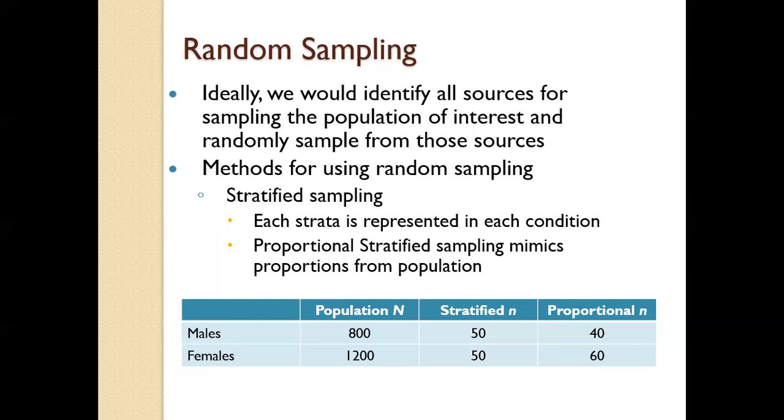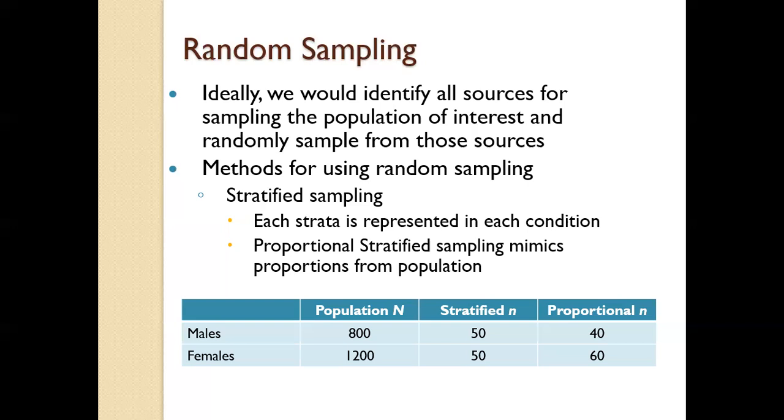Usually in your traditional stratified sampling, you're getting an equal number of people in each condition, whereas with the proportional stratified, it's not going to be equal unless the population is equal. There is an unequal balance in the groups.